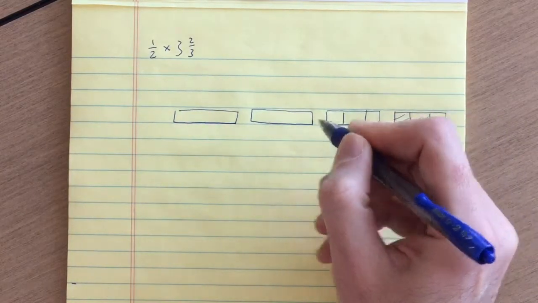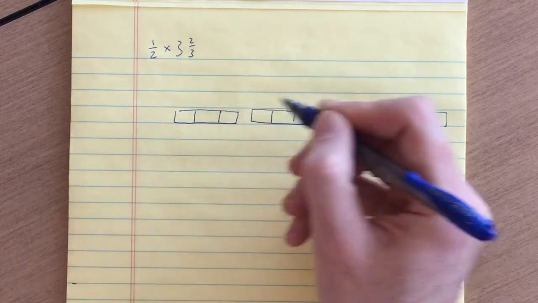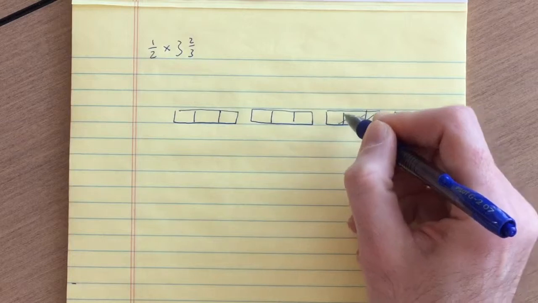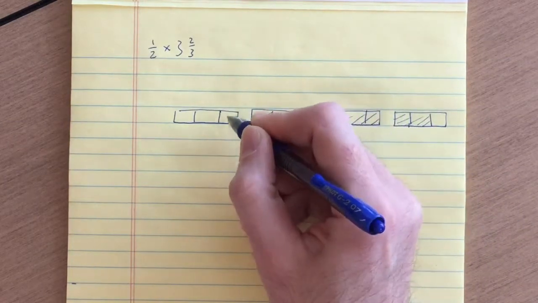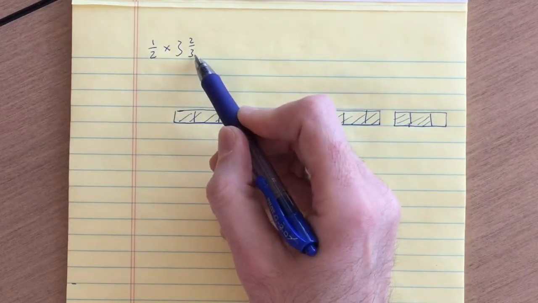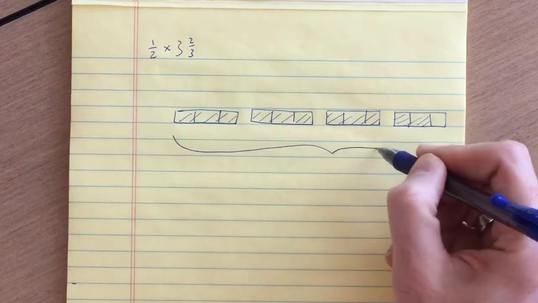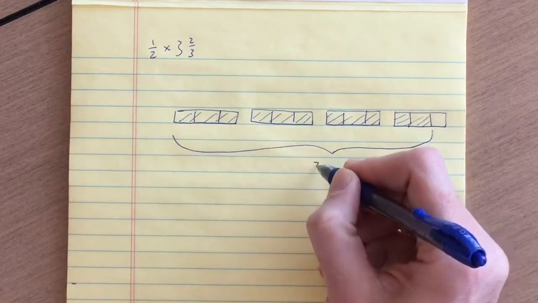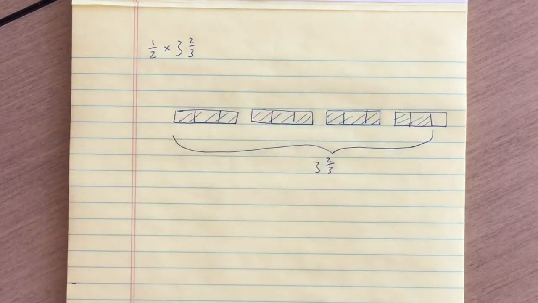I'm going to partition all these in thirds, and I'm going to shade them all in, so I have 3 wholes and 2/3. I'm going to also bracket this 3 and 2/3. Now I want half of that.